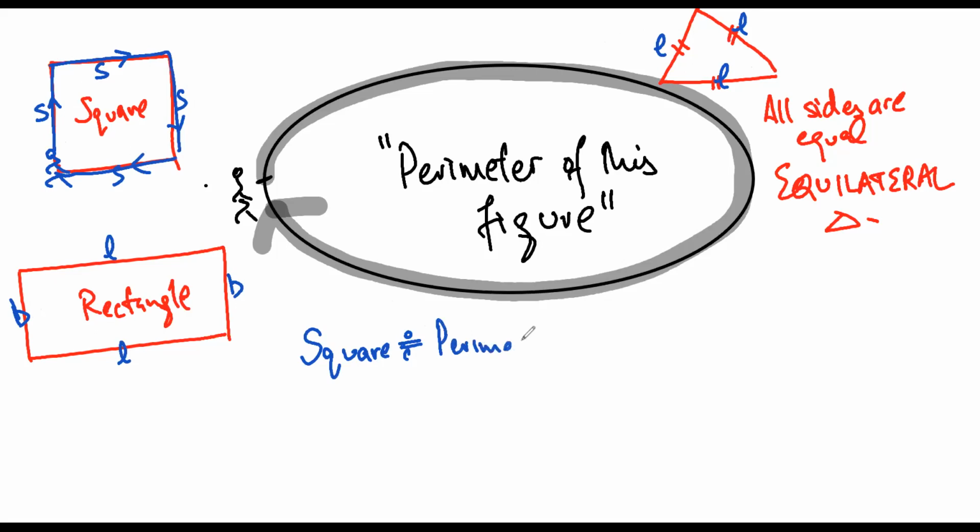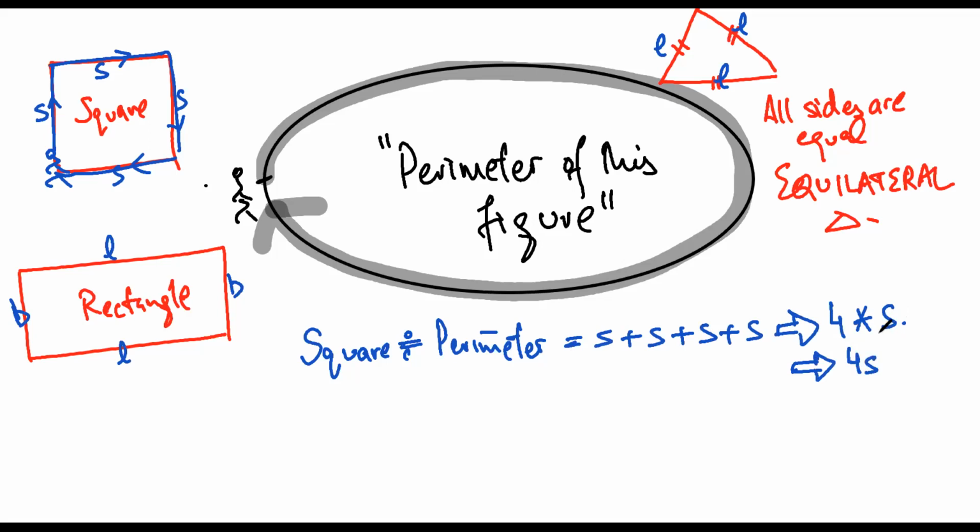So the perimeter of a square would be equal to S plus S plus S plus S. Do you agree, Mr. Sarthak? Yes, sir. And do you agree that this would be 4 times S? Do you agree that I can write this as 4S also? Yes, sir. Okay. So this is a very simple formula for the perimeter of a square.